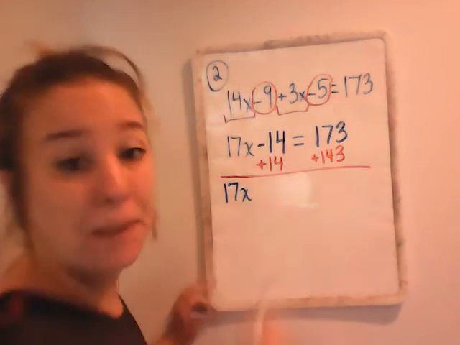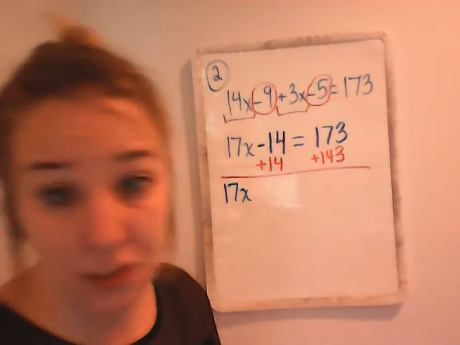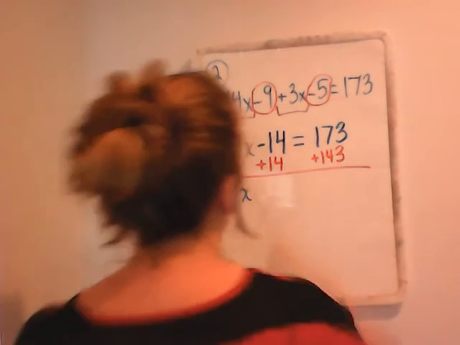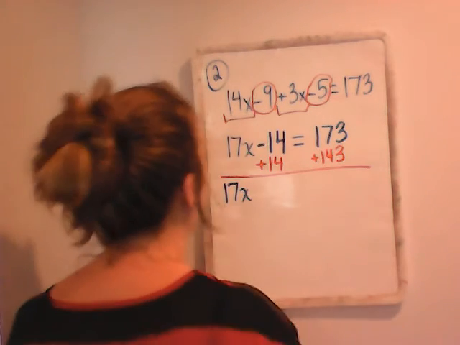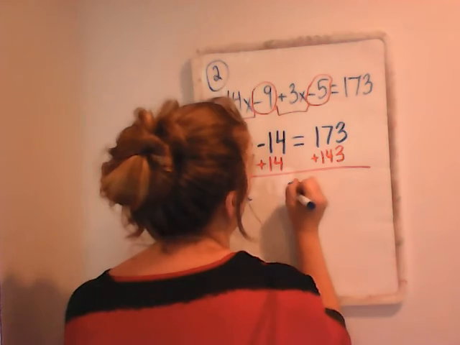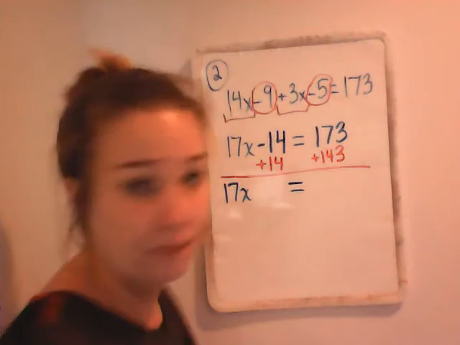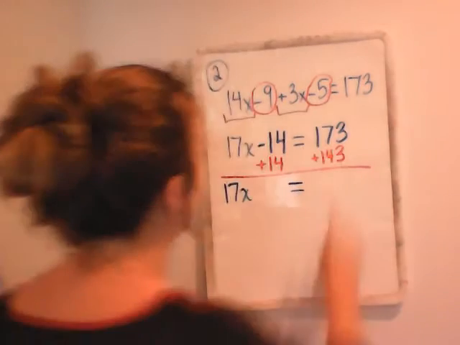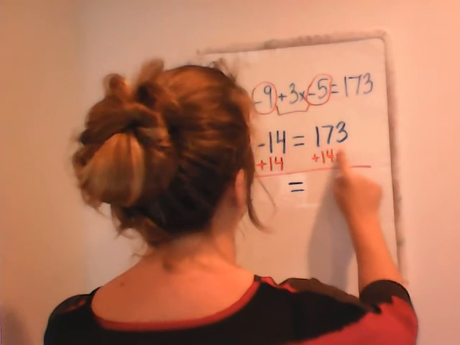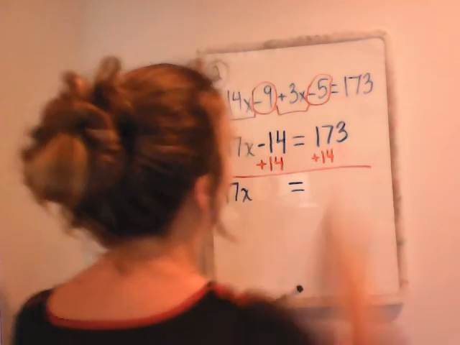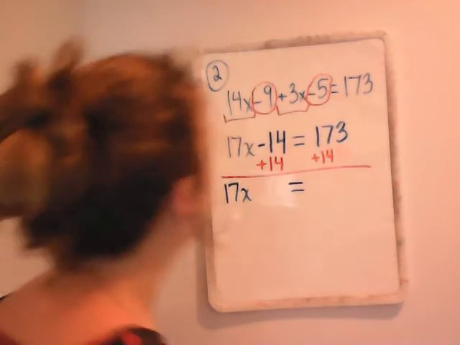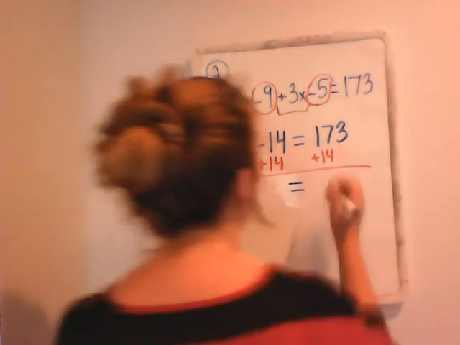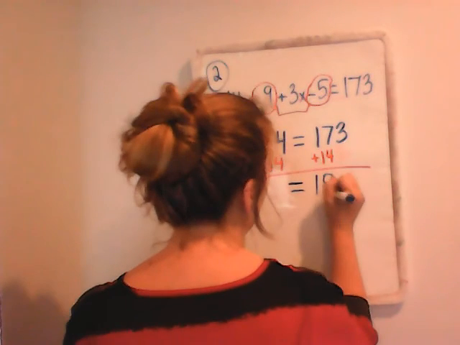Negative 14 plus 14 is 0, so it cancels off. And 173 plus 14 is 187.